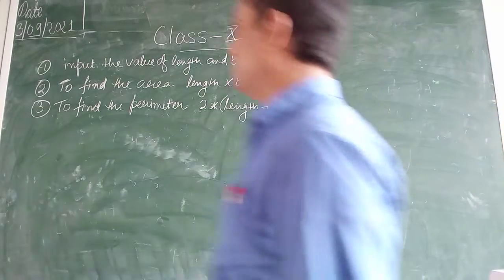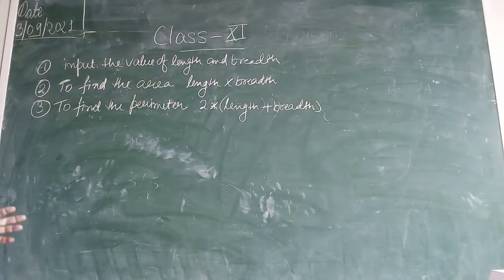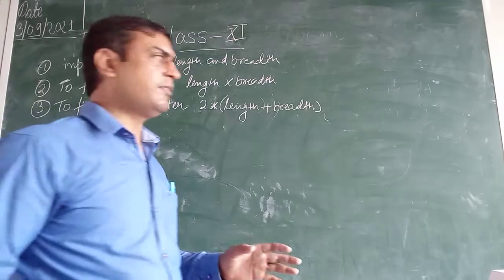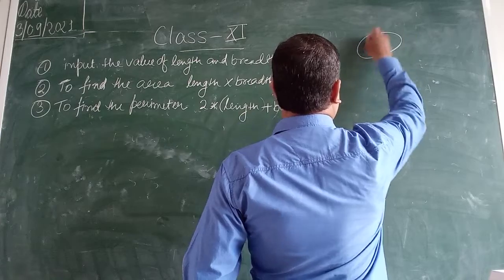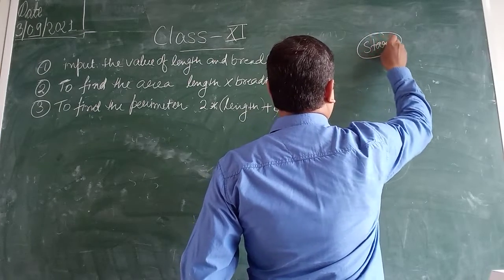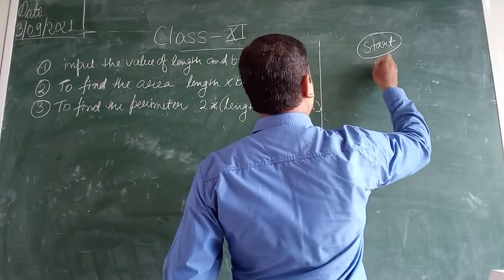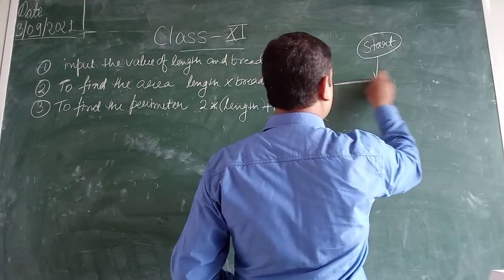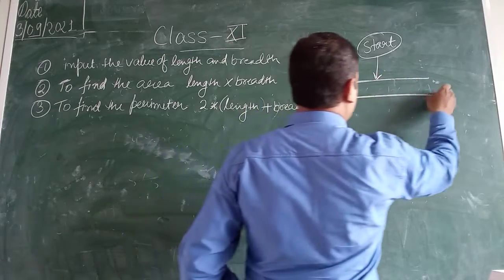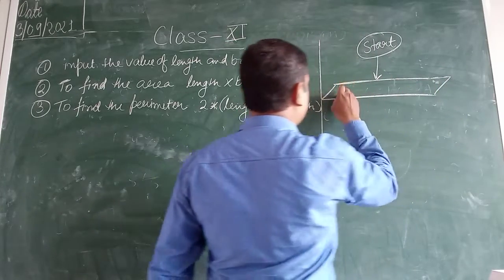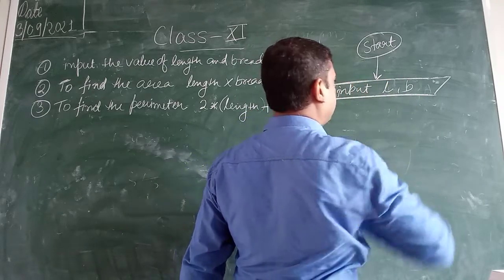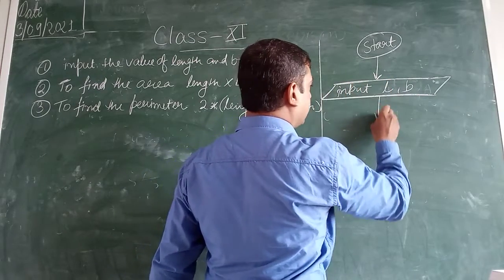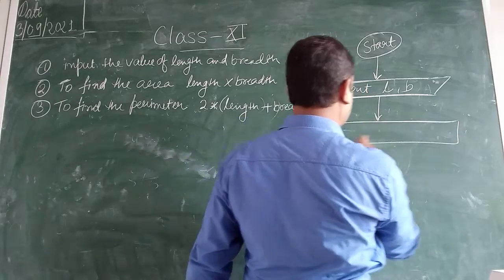Now your work is over. Now how will you draw the flow chart for this? After starting, input L and B. After taking input, processing.